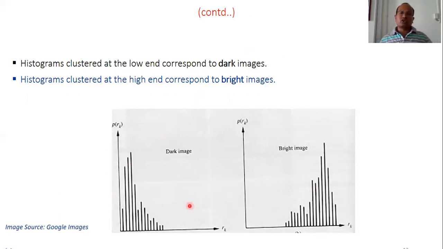So there are two histograms we can see here in this slide. The first histogram is for a dark image and the second histogram is for a bright image, because in the second one, more pixels are clustered towards higher values, whereas in the first one, more pixels are clustered towards lower values. Therefore, it's dark.